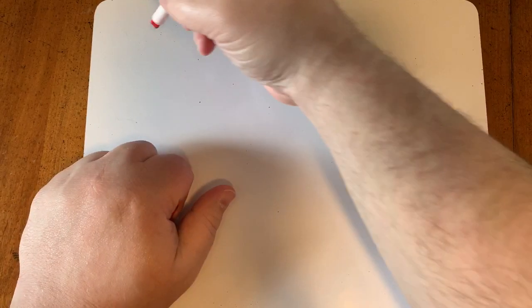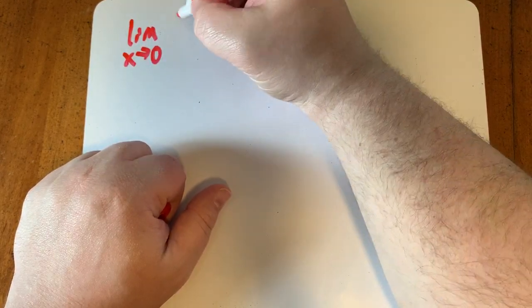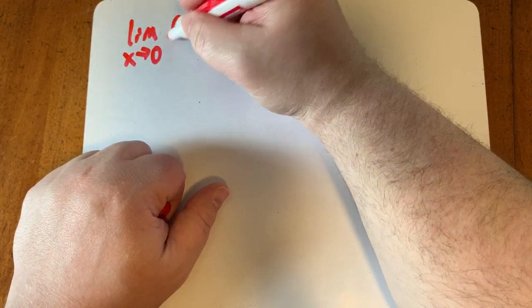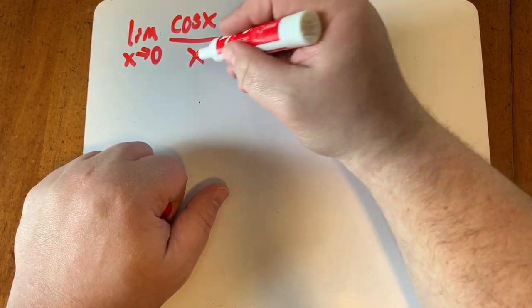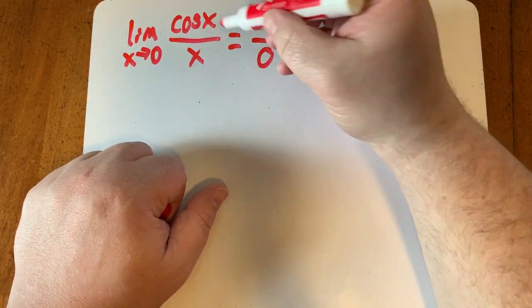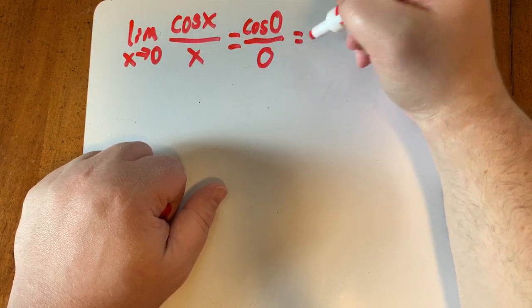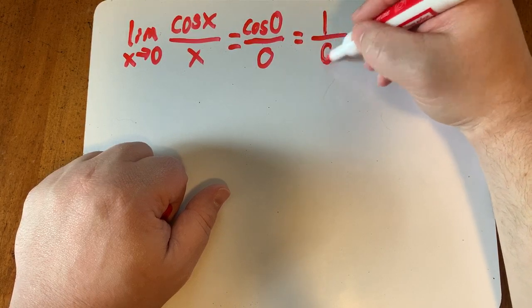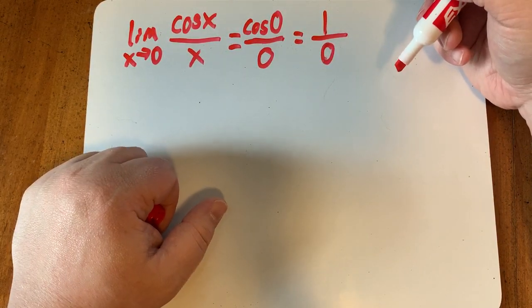So what if we had instead of sine, what if we did the limit as x approaches 0 of cosine of x over x? If we substitute in, we'll plug in 0 for x, cosine of 0, and the cosine of 0 is 1. This is just 1 divided by 0.